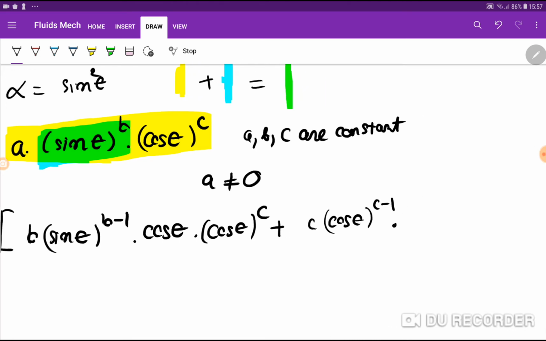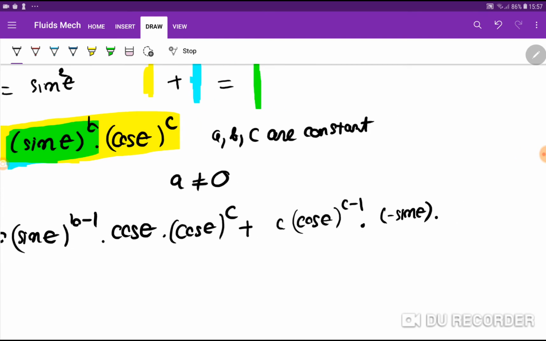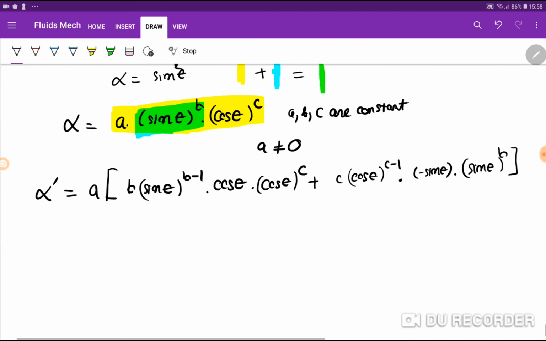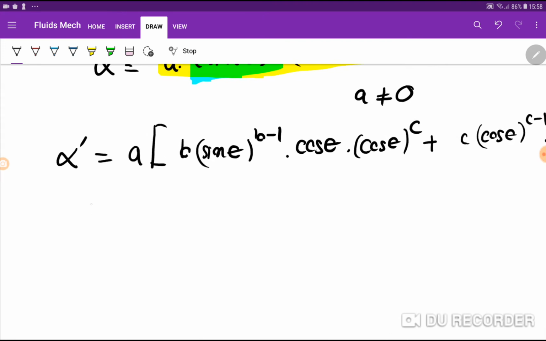times negative sine theta, because of the chain rule, and then times sine theta to the power of b. Let's see if we can simplify this. I'm going to write alpha prime right here so we have more space.